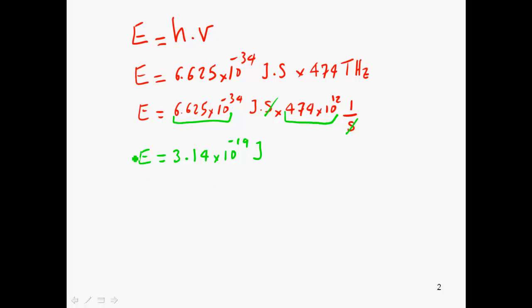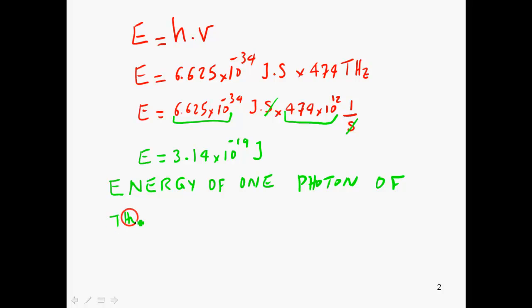So this is the energy. Let's write this down so you remember what this means. This is the energy of one photon of the helium-neon laser, because that's what the question was asking, huh?